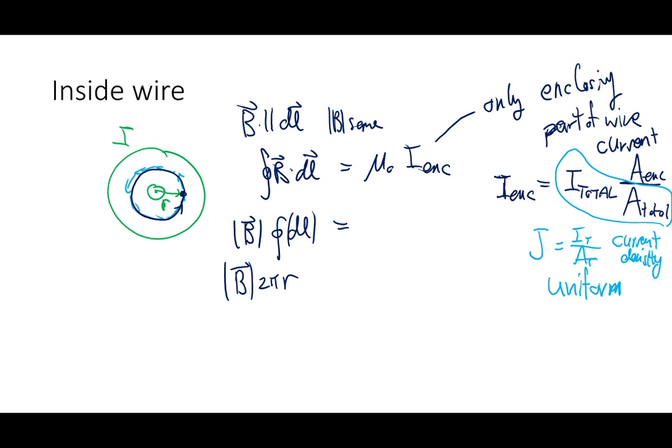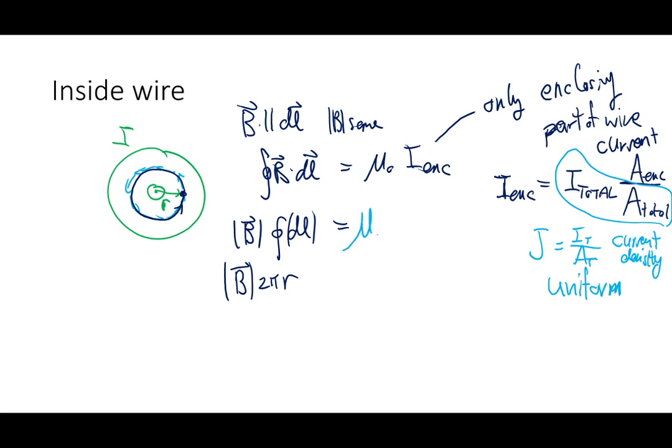Think back a couple weeks when we talked about current: we can prove that the current inside a wire is going to be distributed uniformly as well. So this current density is expected to be uniform.